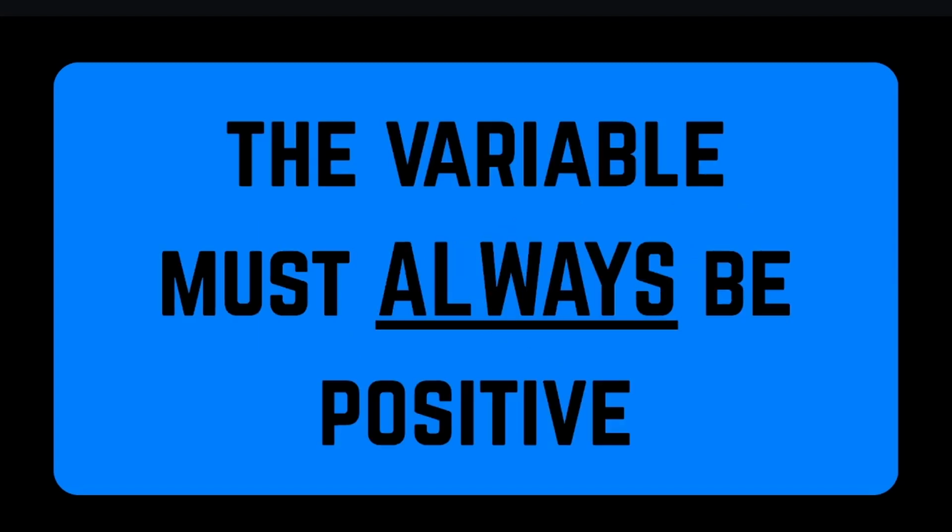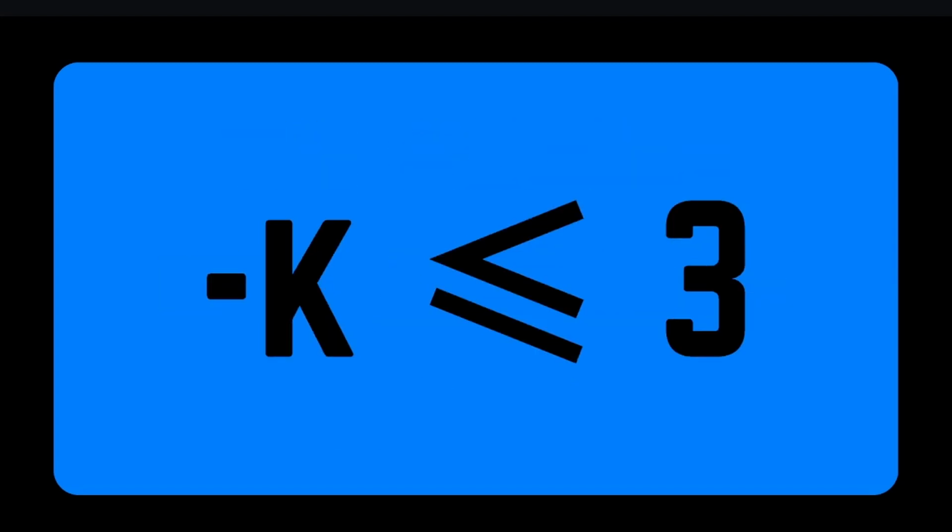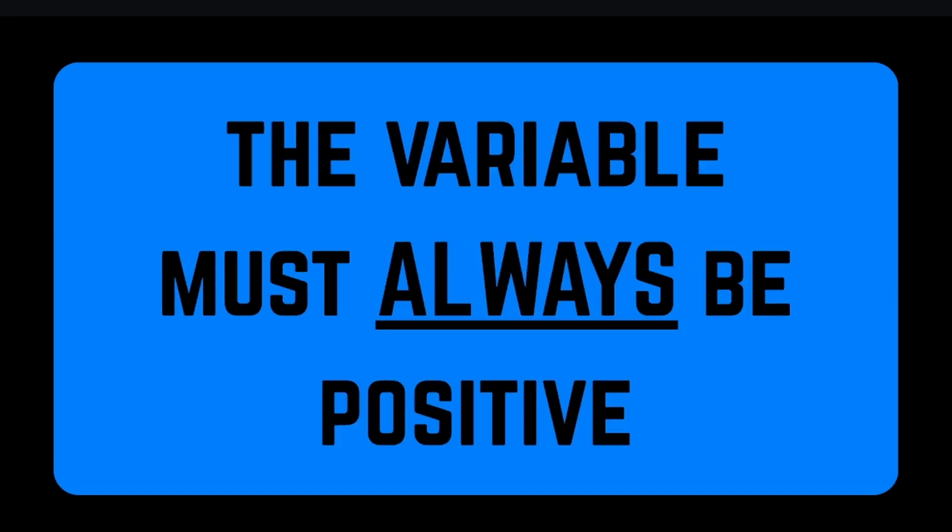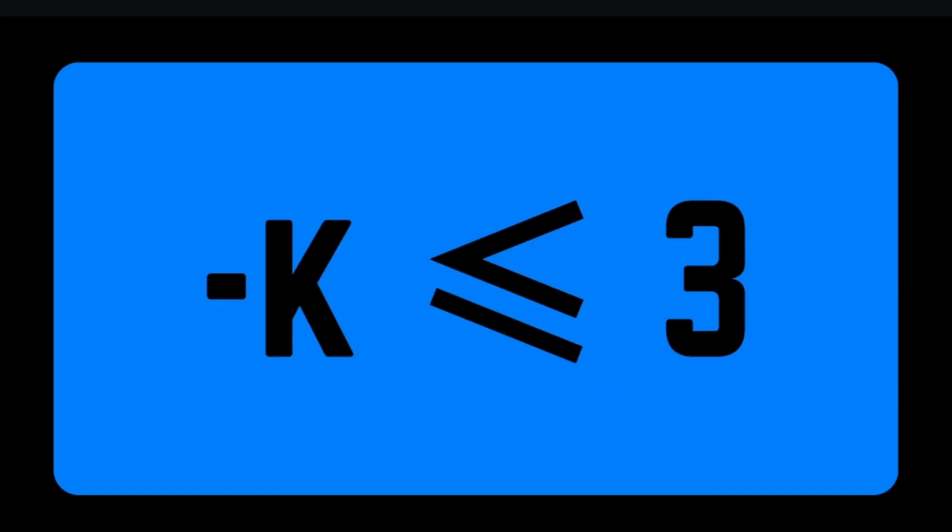If you said that this is already simplified, you would be wrong, because we also have to take note that when we're doing this inequality simplification, the variable must always have a positive coefficient. So this negative sign here should not be here. If we want to turn this into a positive sign, the other side must become negative. It's like a weird switcheroo. So then we'll get K is lesser than or equal to negative 3.